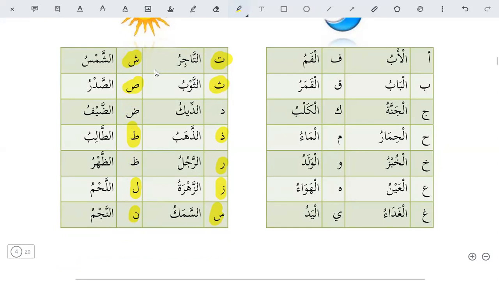At-tajiru, trader, merchant. As-saubu, dress. Ad-diku, rooster. Az-zahabu, gold. Ar-rajulu, the man. Az-zaharatu, flower. As-samaku, fish.